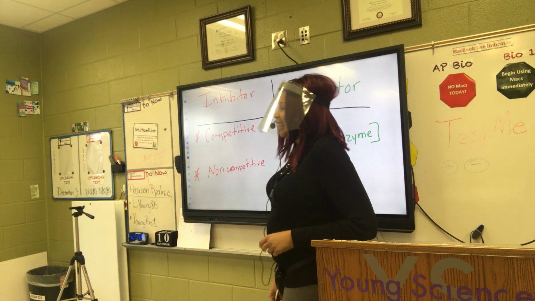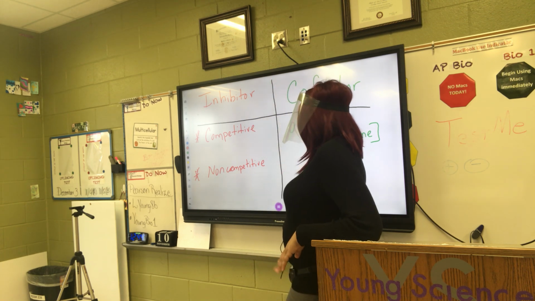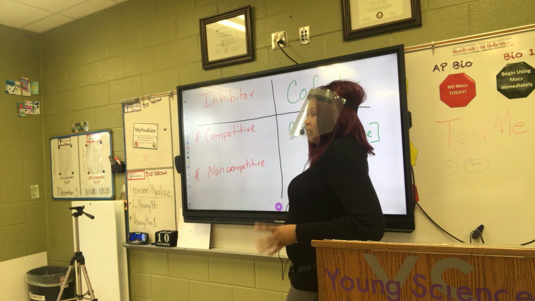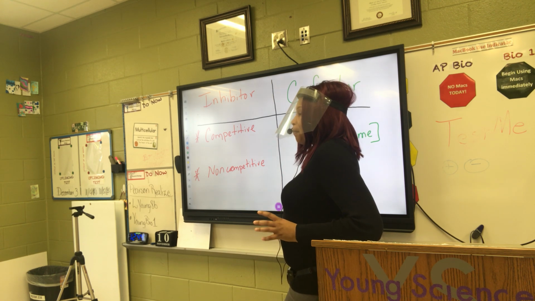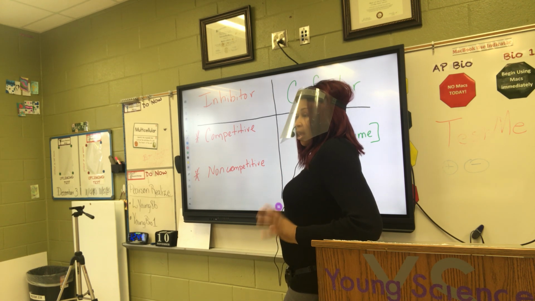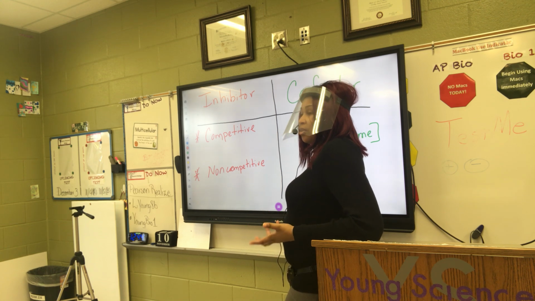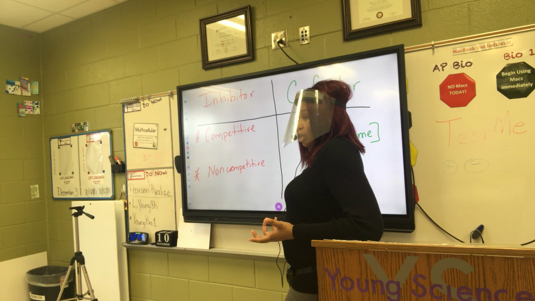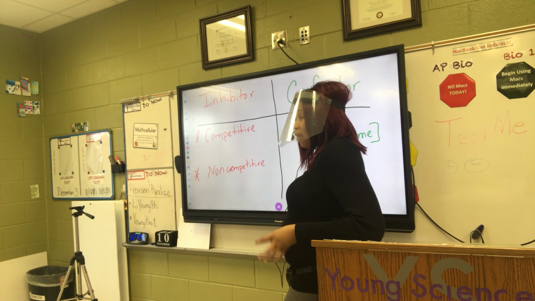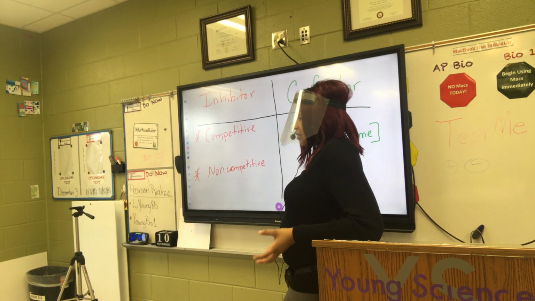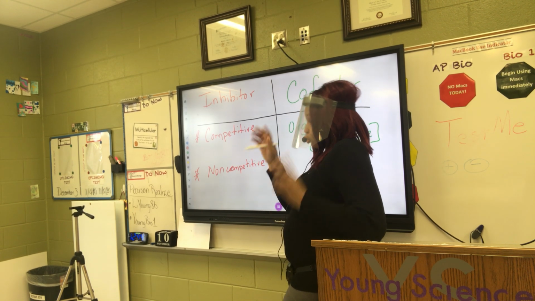All right. Anyway, so competitive or non-competitive. Now they both have to do with structure. Okay. In a competitive inhibitor, the inhibitor has a structure that is similar to the actual substrate. So it actually competes with the substrate for the active site. Remember, the active site is for something that has a particular structure.